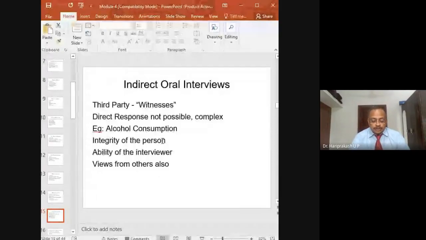So they may hesitate. So that time the researcher will appoint a person who is close to that person, maybe his friend. The researcher will ask this person who knows about the other person's consumption habit.